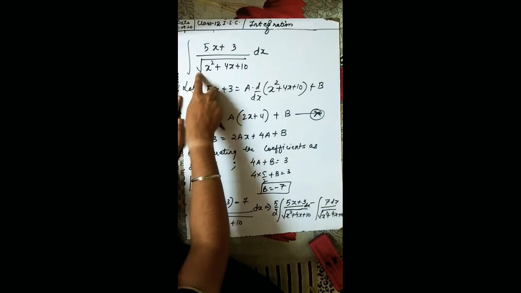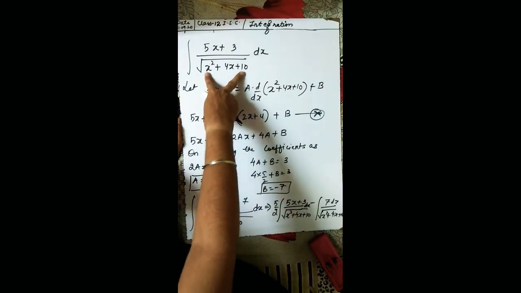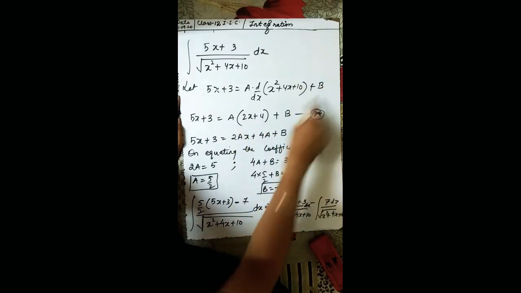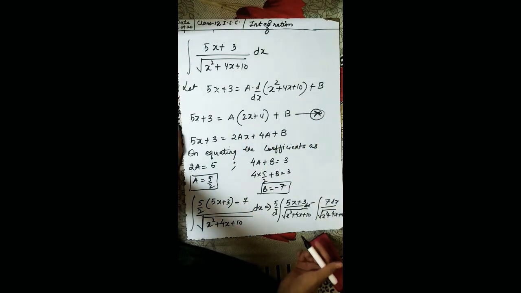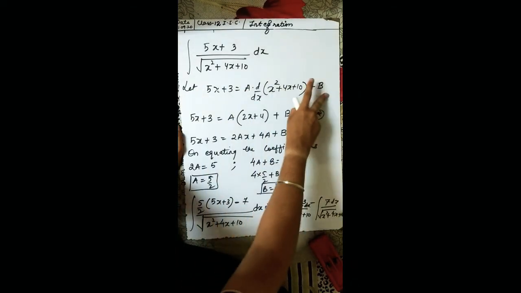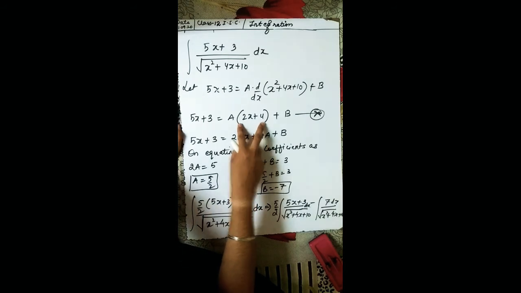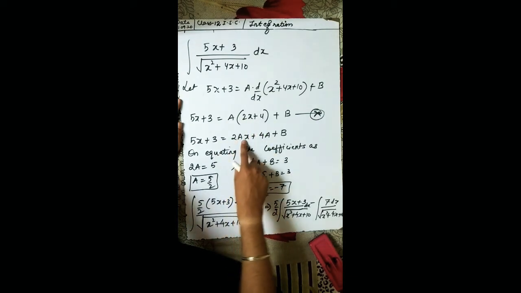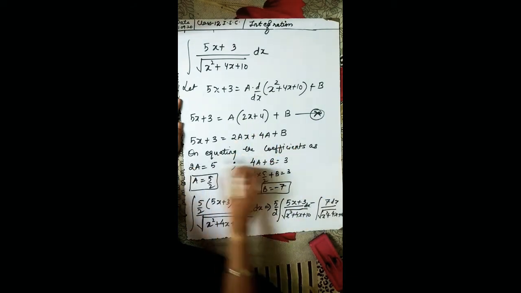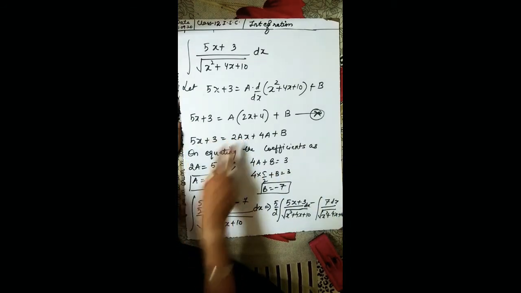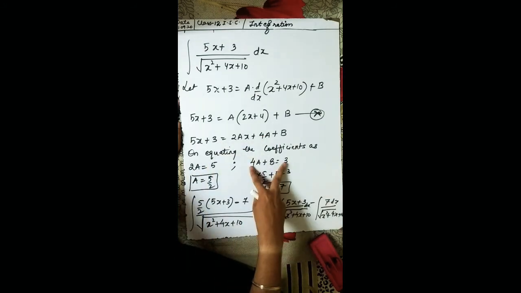Don't take the under root, you take only the expression which is inside the under root, plus B. Then differentiate, that will give you 2x plus 4, plus B. Give this equation a star so that you won't confuse between these two steps where to put the values of A and B. So 5x plus 3, multiply A inside: 2Ax plus 4A plus B. On equating the coefficients, 2A equal to 5 and 4A plus B equal to 3.